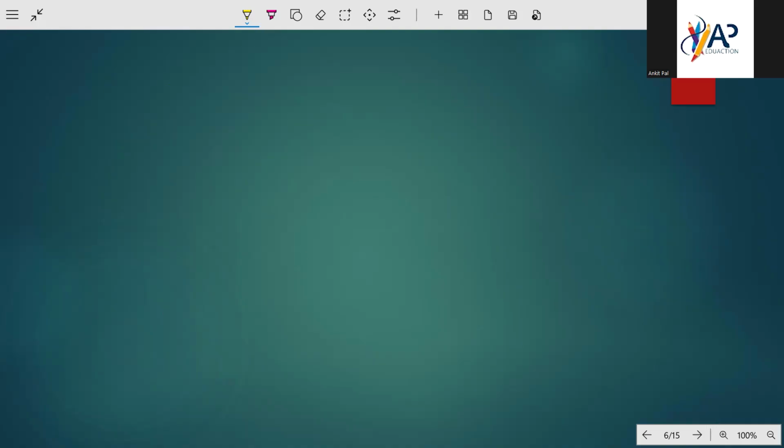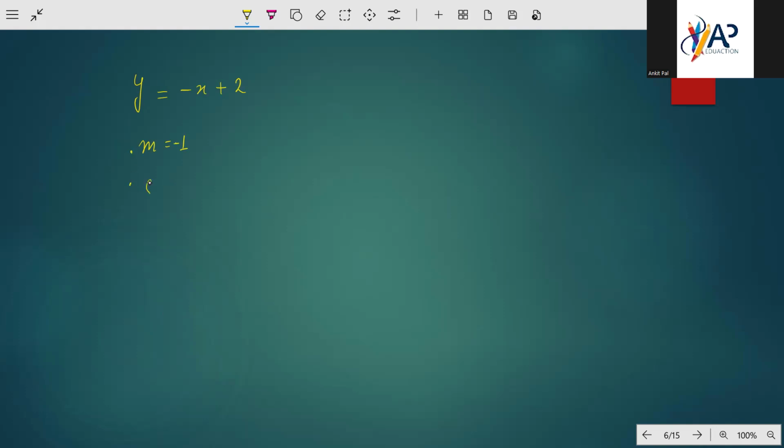Suppose that the equation is y is equal to minus x plus 2, it means my slope is minus 1, right?